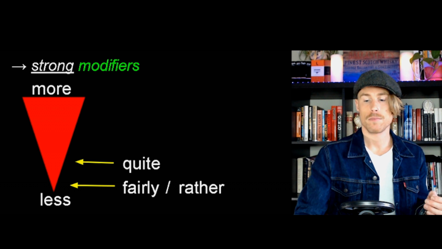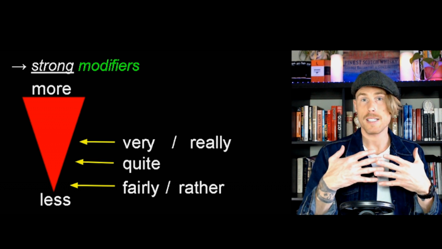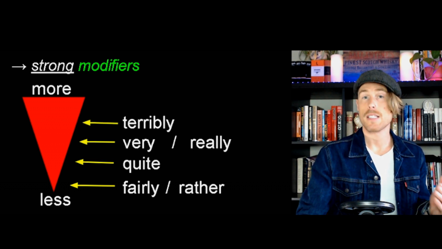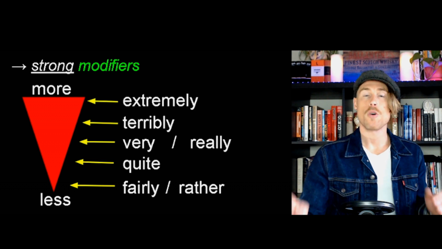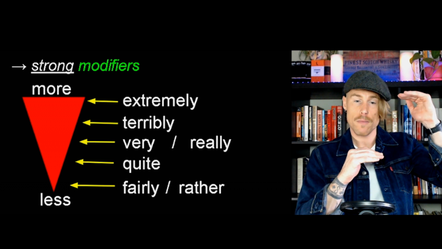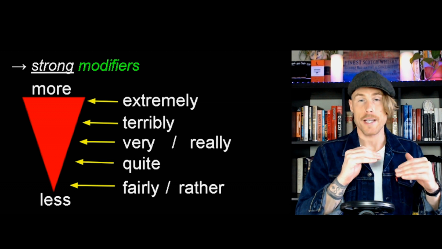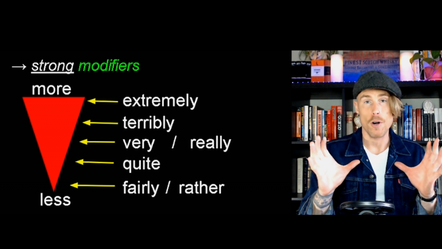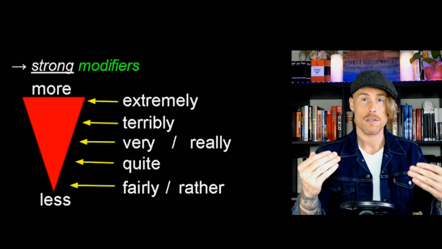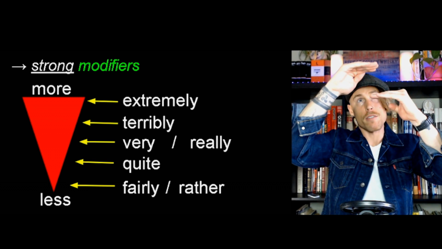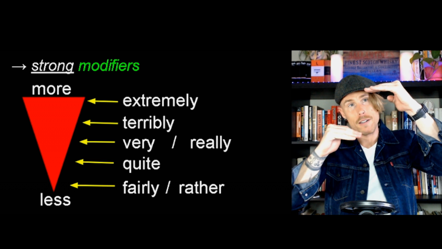Quite, very or really, also similar. Terribly, extremely. So extremely is the strongest, and fairly or rather is the weakest. Remember, these are only strong modifiers. All of the strong modifiers are here, and then all of the weak modifiers are here.